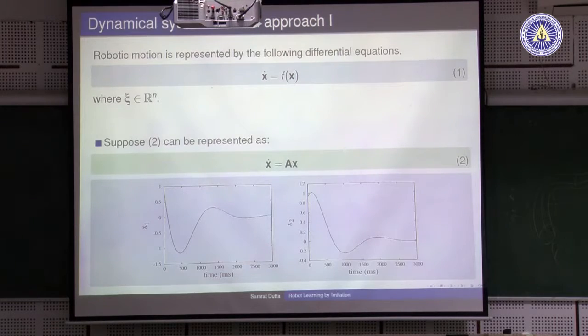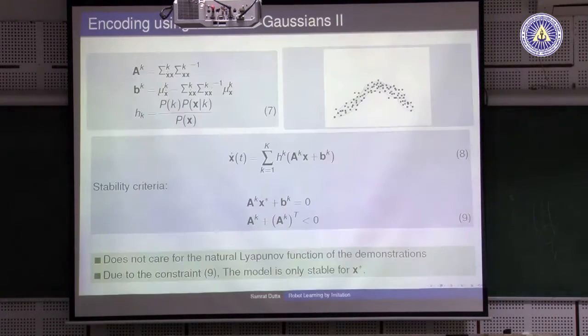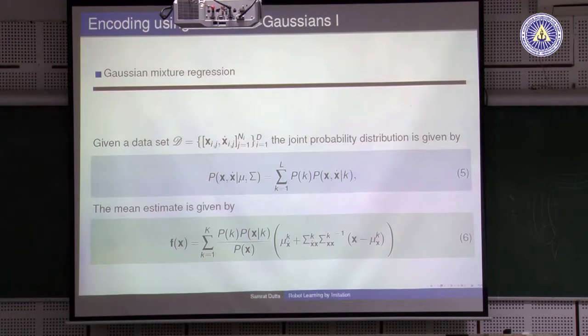In Gaussian mixture regression, we have a data set where we have demonstrated the robot: this is the position and this is the velocity of the robot at each instant. Suppose we are given d number of demonstrations, and in each demonstration n_i samples are there. From that we learn a joint probability of this data set.